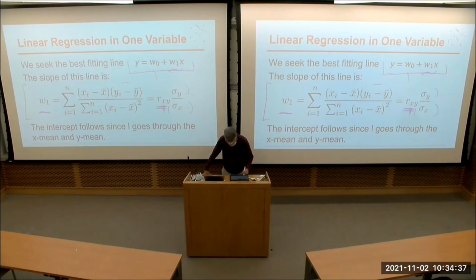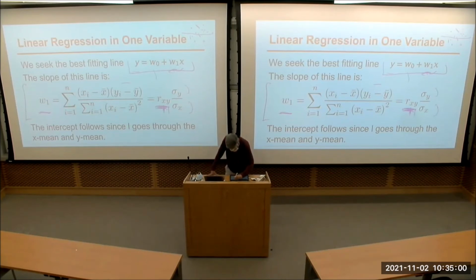What should the best fitting line be? The slope should be 0, right? Because if it has no dependence upon x, then you wouldn't want it to have any dependence on there. So if they are uncorrelated, the slope is going to be 0.